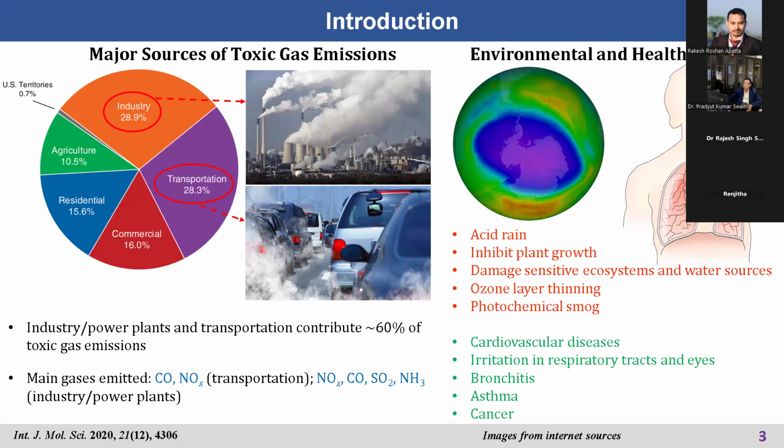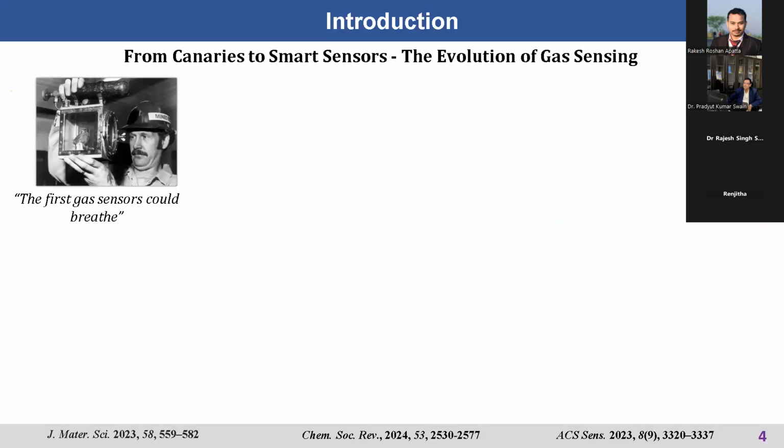Okay, so developing a gas sensor is very important. If you see the sensor's history, it goes back very long, to when miners were looking for sensors to escape. When miners dig and go deep inside the mines, the amount of oxygen reduces with the depth.